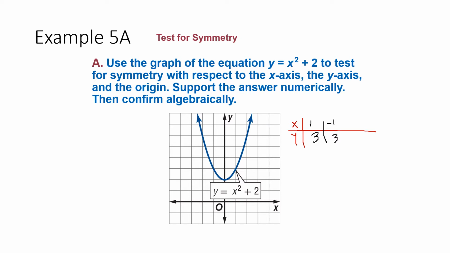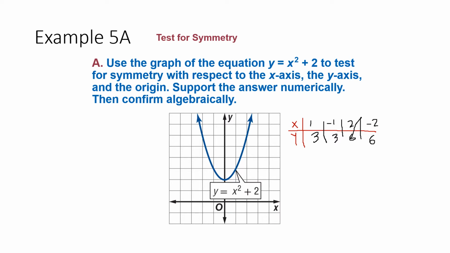Let's pick other points. At 2, y is equal to 6. So what about -2? At -2, y is equal to 6 as well.